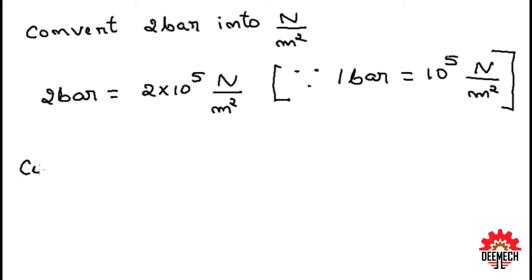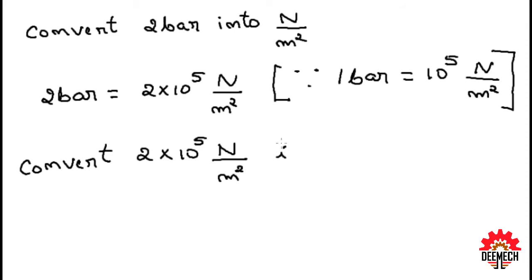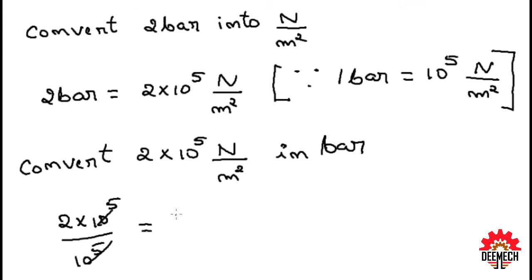Now if you want to convert 2 into 10 to the power of 5 Newton per meter square into bar, we need to follow this step. That can be solved as 2 into 10 to the power of 5 divided by 10 to the power of 5. 10 to the power of 5 and 10 to the power of 5 cancel, so that will become 2 bar.